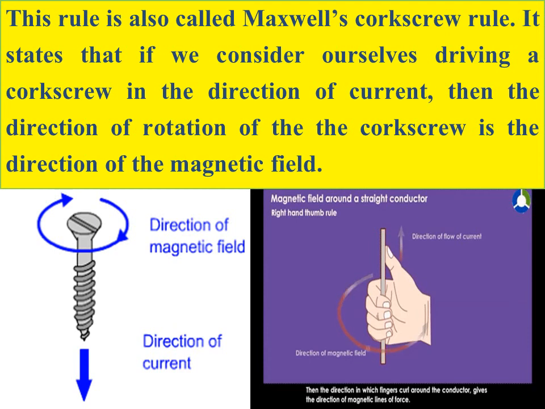So today's topic we are concluding. Today we discussed the magnetic field produced by a current carrying straight conductor. Learn the nature of the field produced by it and the factors it depends on, and learn the right hand thumb rule. Okay children, thank you.